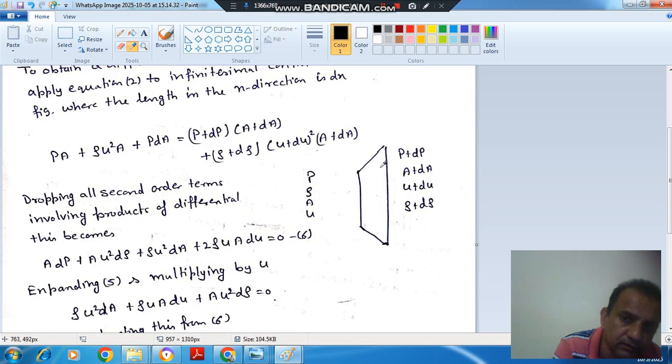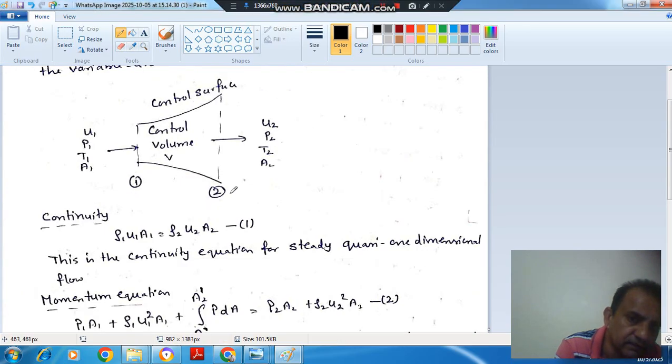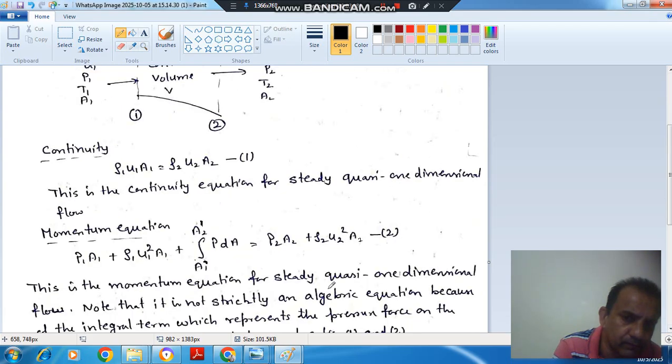So on this small strip the force is P into dA, and if we integrate it within the limit of A2 dash to A1 dash, A2 dash is total area increase here, and A1 dash is total increase in area here. A1 dash is here 0 because we are starting from here. So this is your momentum equation. This is the momentum equation for steady quasi one dimensional flow.